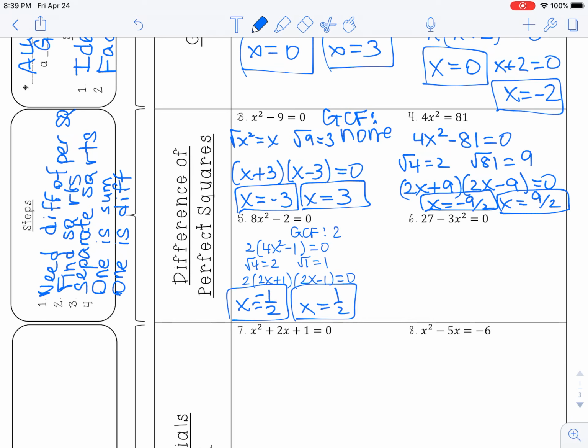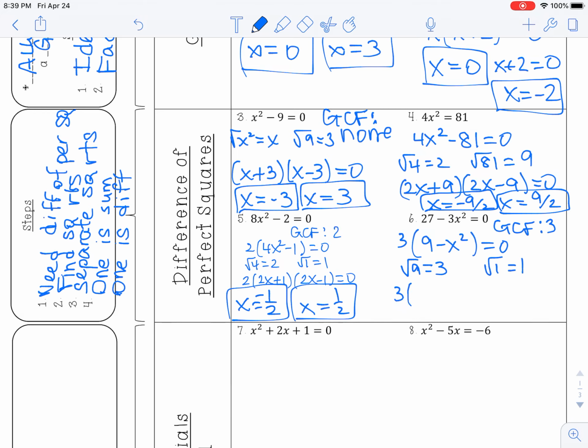In this one, it's not in standard form, which is fine. Let's just go ahead and factor out a GCF of 3. So we end up with 9 minus x squared. It's still a difference of 2 squares. It's just that it's in the opposite order.